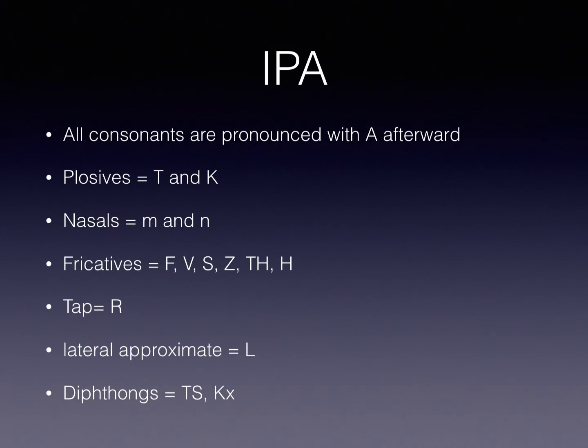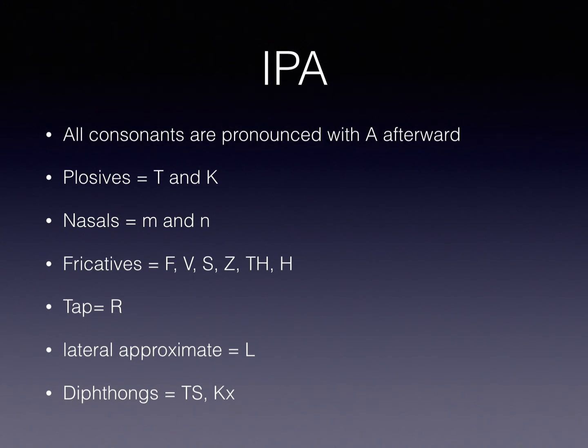So we have the plosives ta and ka, the nasals ma, na, and fricatives fa, va, sa, za, tha, ha. And we also have the tapped R, the ra, and we have a lateral approximant, the la, and two diphthongs for this language.